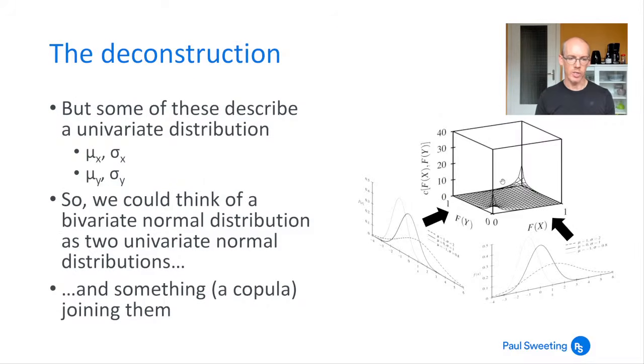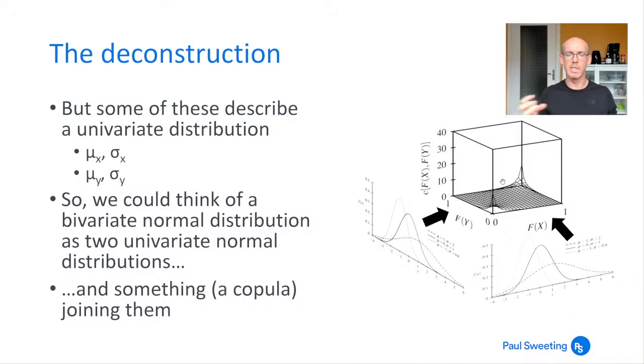Now we get to the deconstruction, because some of these things actually describe univariate distributions. So mu x and sigma x give you the parameters for a univariate distribution. They tell you what the distribution of returns on investment x is, for example. Similarly, mu y and sigma y give you the distribution of investment y.